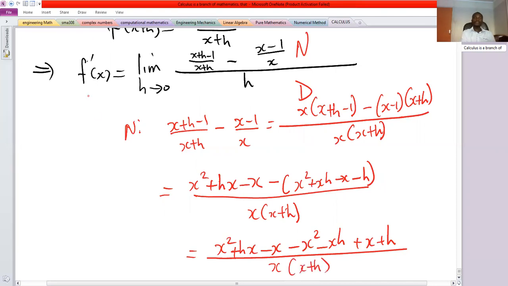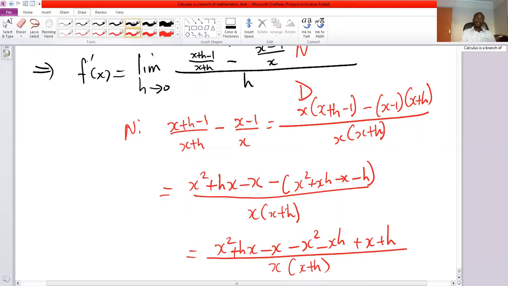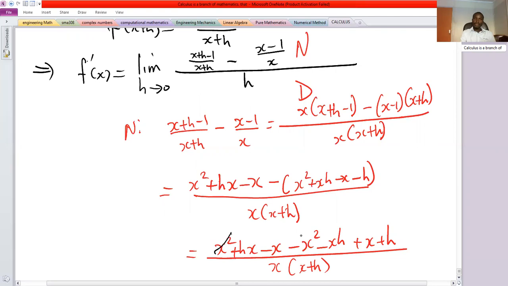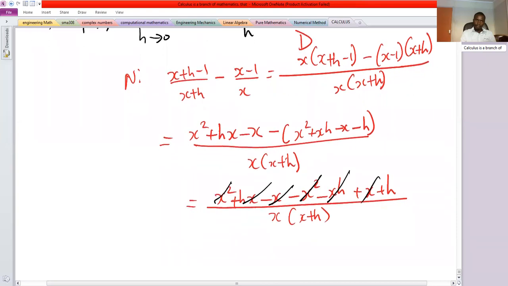That's by definition. So x squared minus x squared, xh minus xh, x minus x, so the numerator will just be h over x times x plus h.